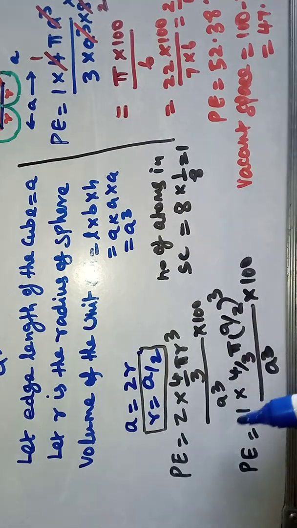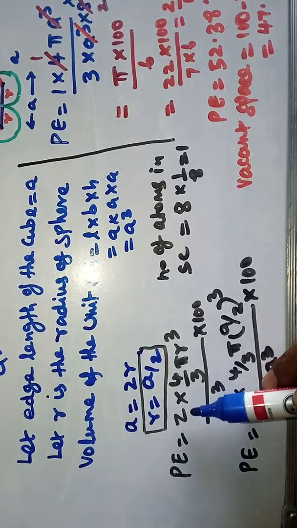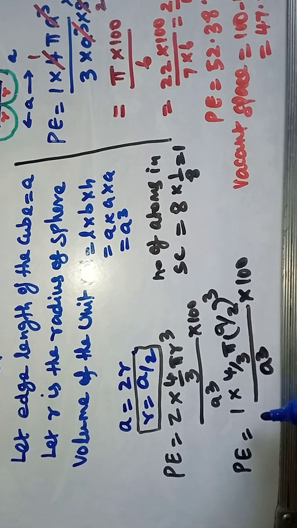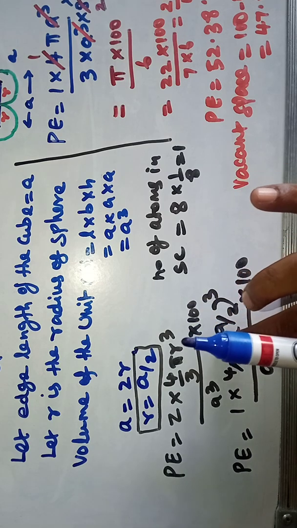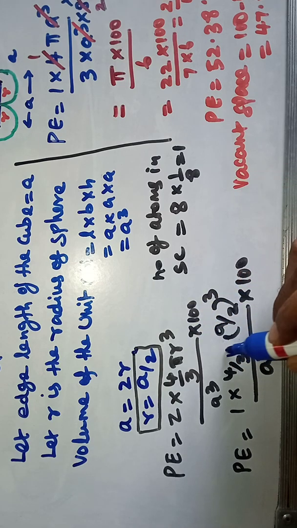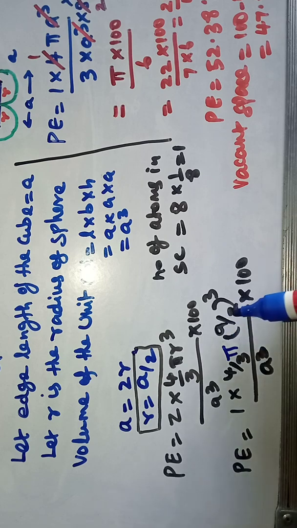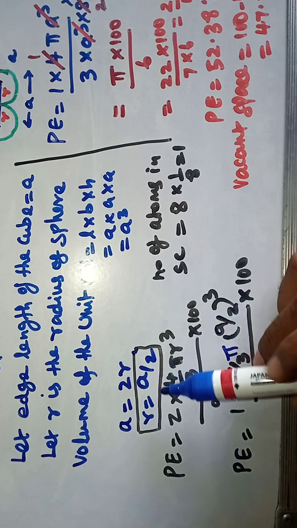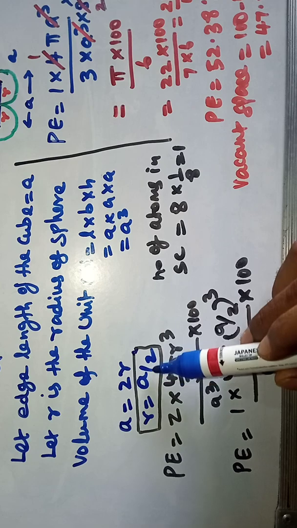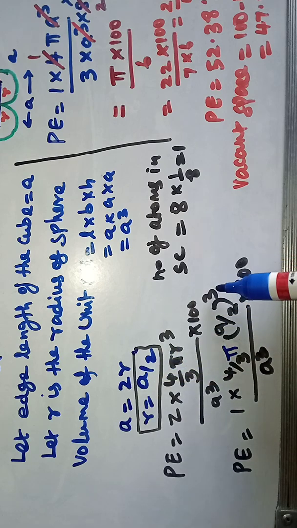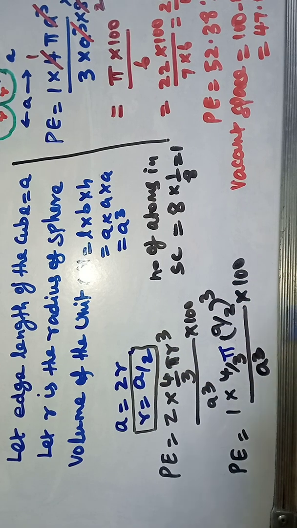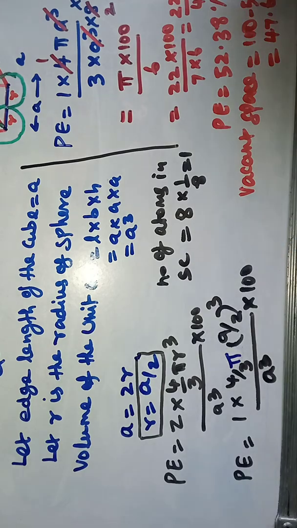So instead of Z we substitute 1. Packing efficiency is equal to 1 into 4 by 3 pi. Here we substitute the value of r, r is equal to A by 2. So A by 2 whole cube divided by A cube into 100.